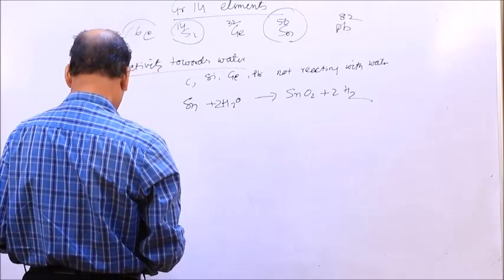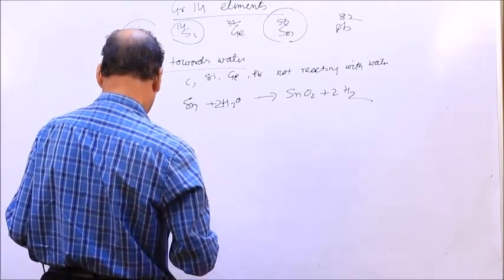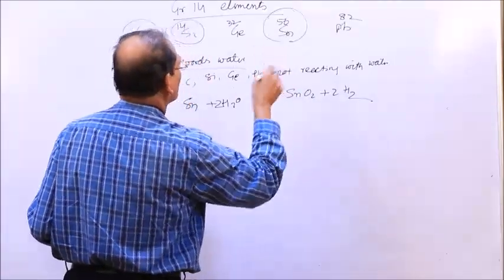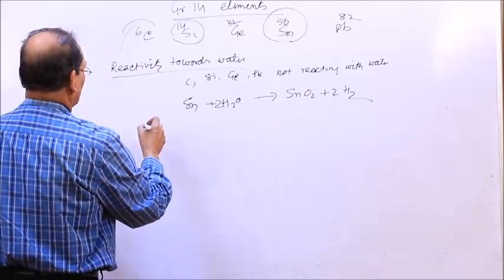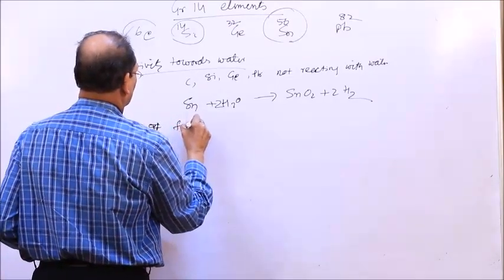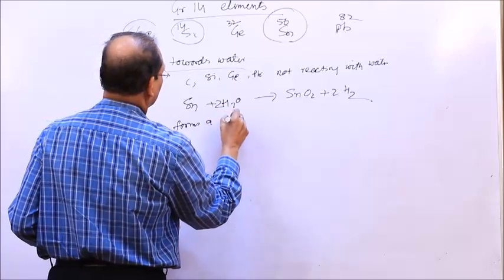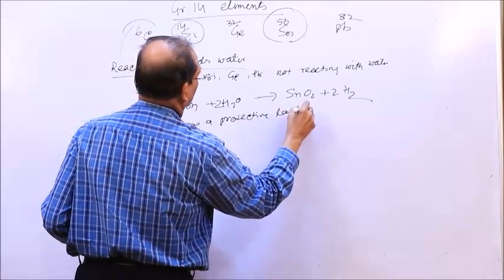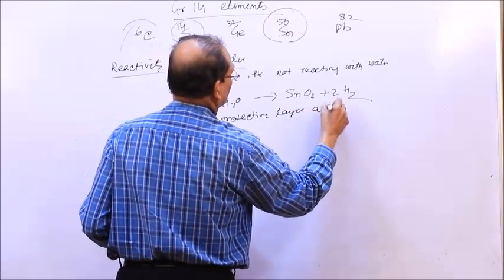And because of this, it forms a protective layer of oxide at the surface of tin.